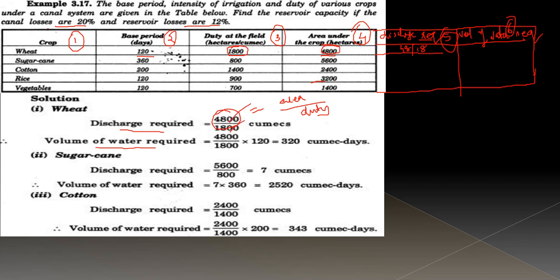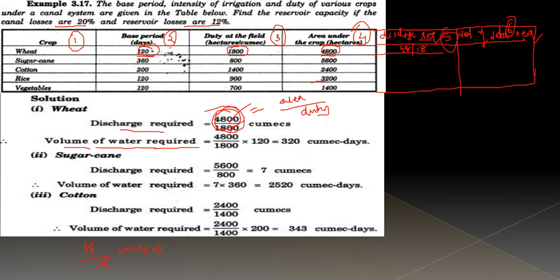After that for wheat we have to calculate the volume of water required. Here we said 48 by 18 cumecs is required for irrigating wheat for the entire base period of 120 days. If so, we have to calculate the total amount of water throughout these 120 days if this much discharge is provided.